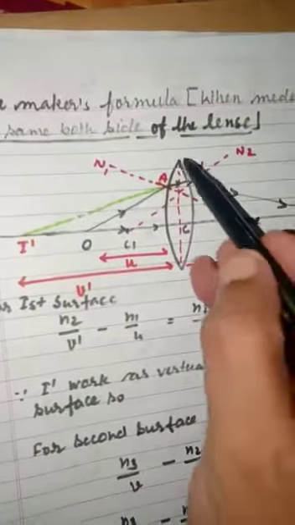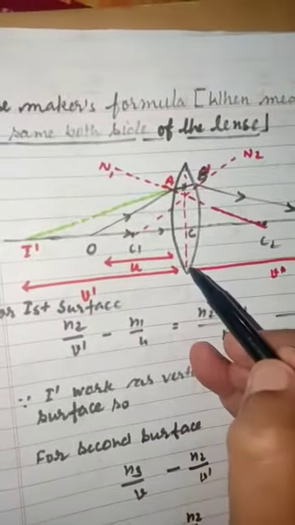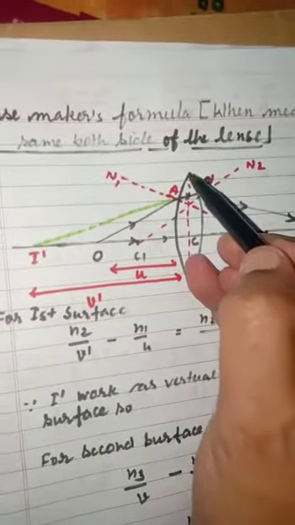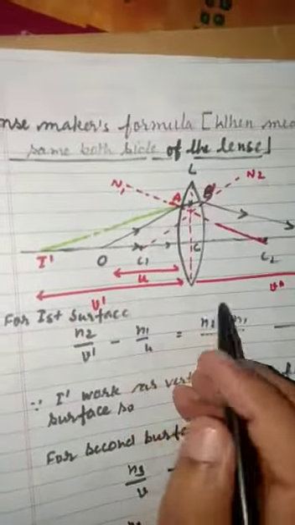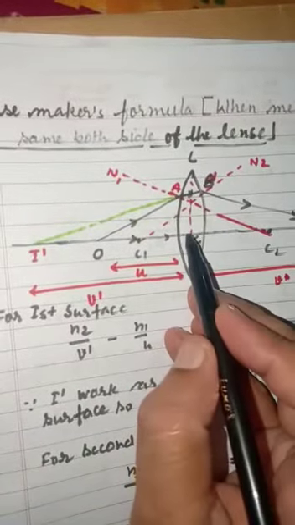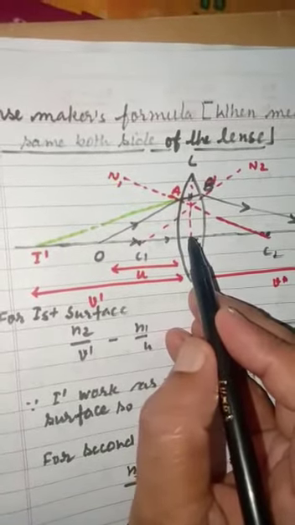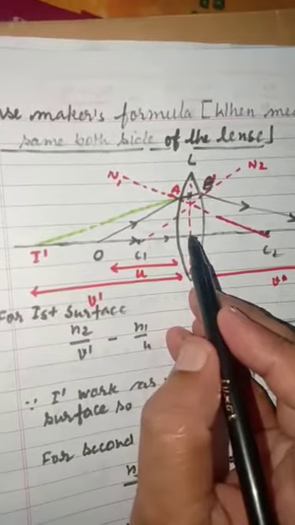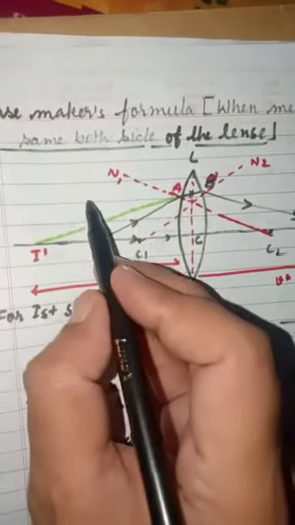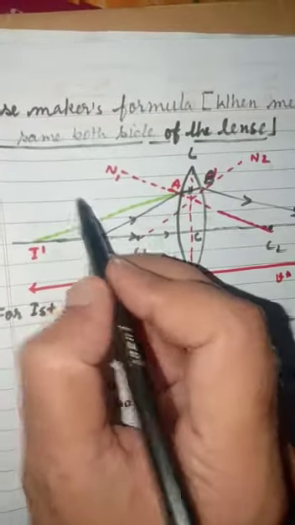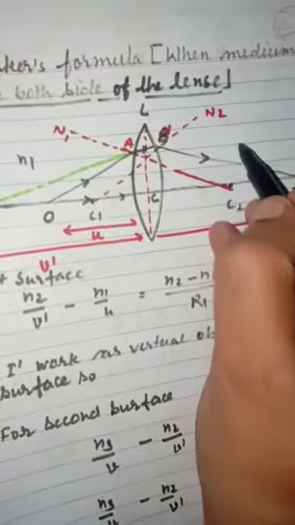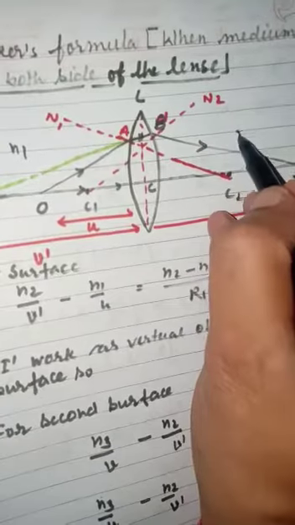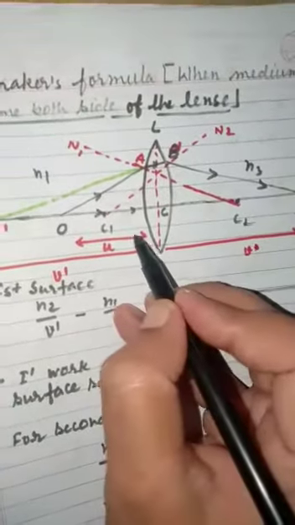Here you see a thin lens L placed somewhere. On one side of it the medium is N1 and on the other side the medium is N3.